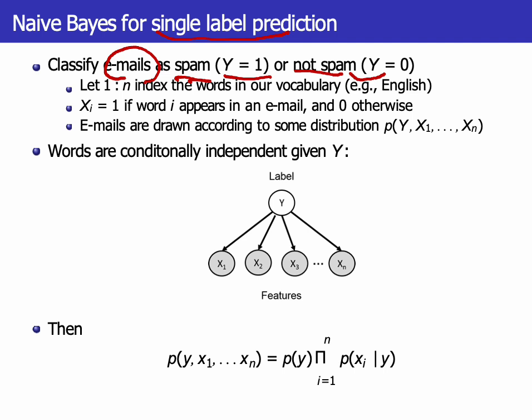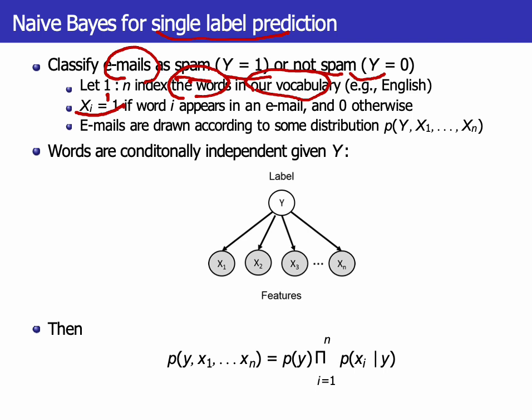Also xi equal 1 if word i appears in an email and 0 otherwise. So we specify some words in our vocabulary, and if word i appears in an email, let xi be 1.